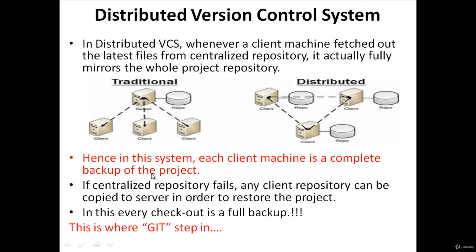So if the centralized repository fails, any client repository can be copied to the server in order to restore the entire project, right? And every checkout is a full backup of that project, and this is where Git comes into the picture.